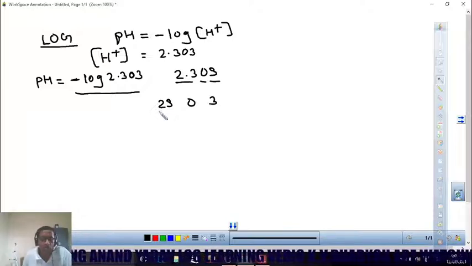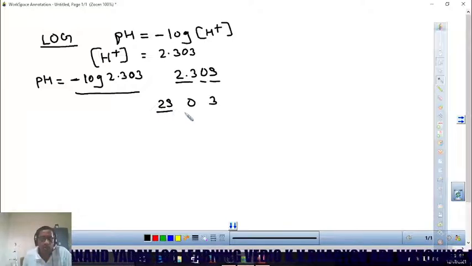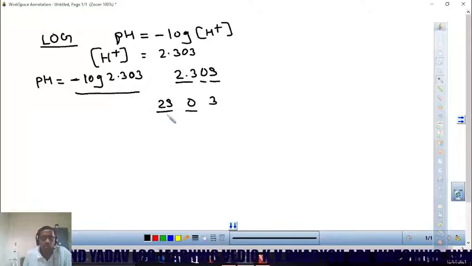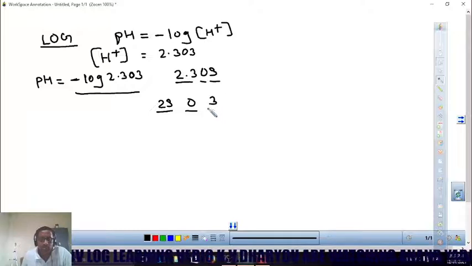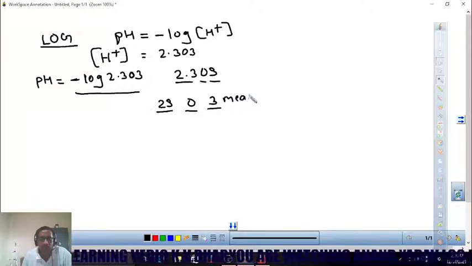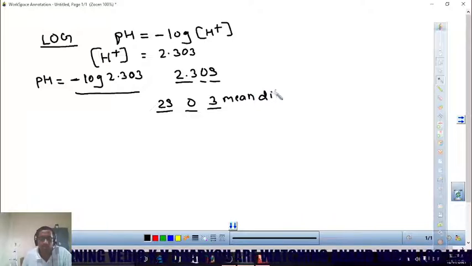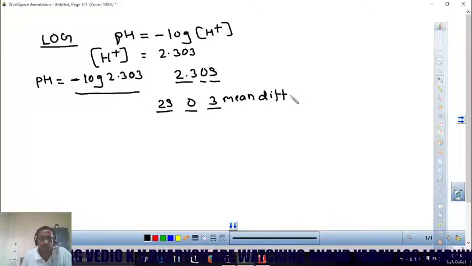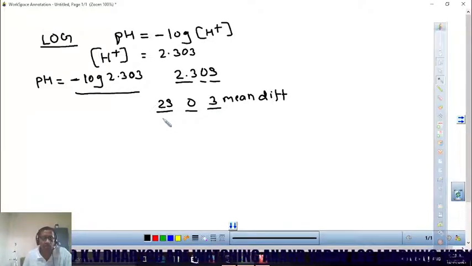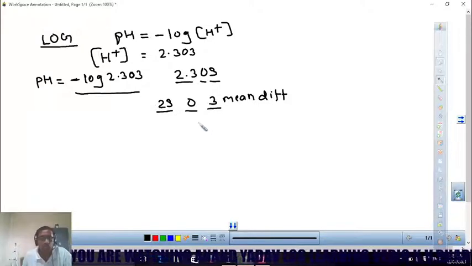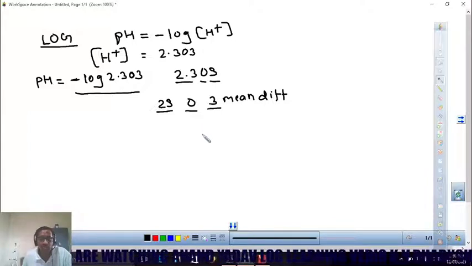In this log table you have to find out the 0 of 23 and the mean difference 3 of 23. So let us see how you can find out the value of this log.